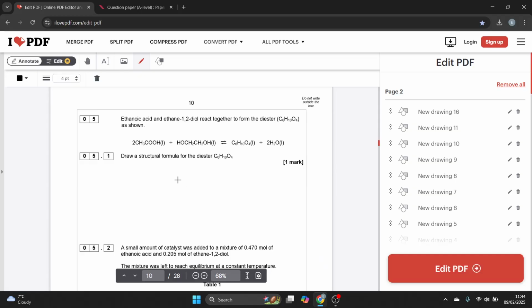Draw the structural formula for the diester C6H10O4. So, methane, ethane, propane, butane, pentane, hexane.